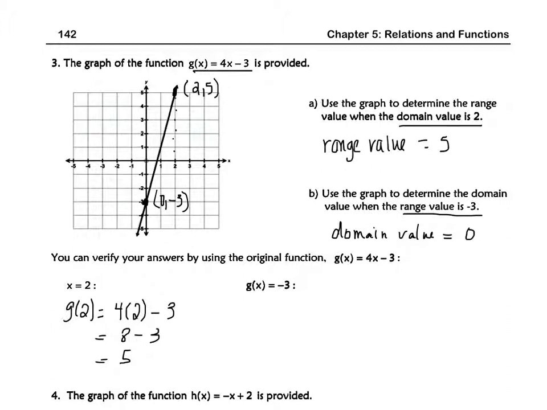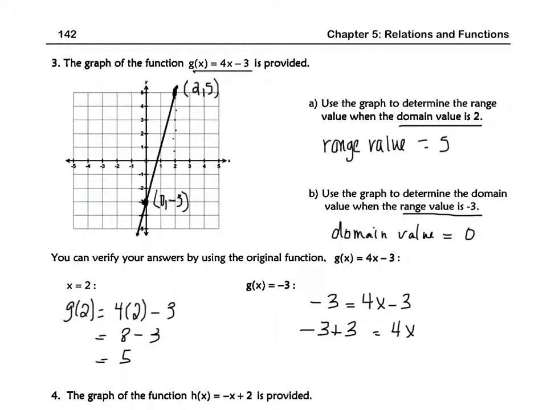And if g of x, the next one, says that the range value is negative 3, that means you would be solving an equation, plugging negative 3 in for the g of x value, and you'll be looking for the x. So then you would have to isolate the 4x by getting rid of this negative 3 on the right-hand side by adding 3 to both sides of the equation. When you add 3 to the right side, the negative 3 and positive 3 cancel, so you're left with just 4x.